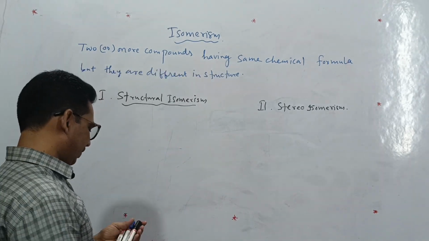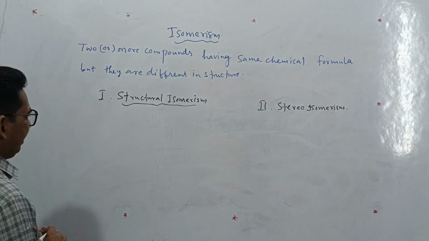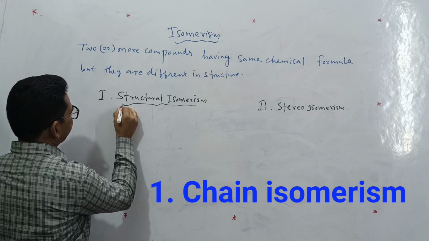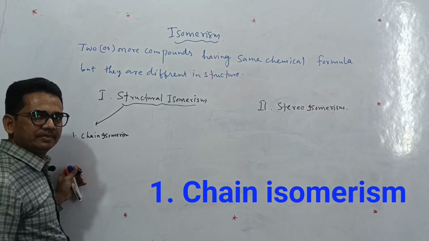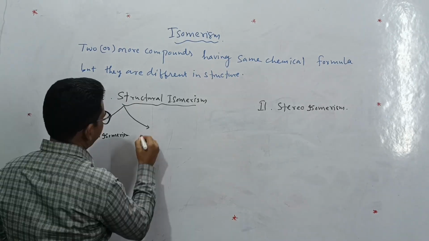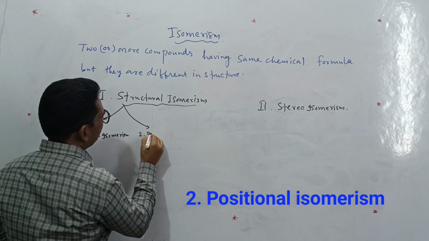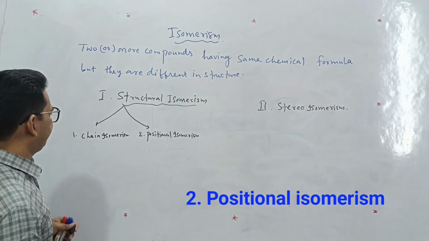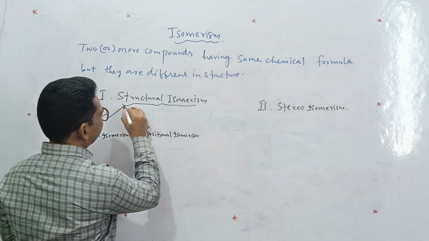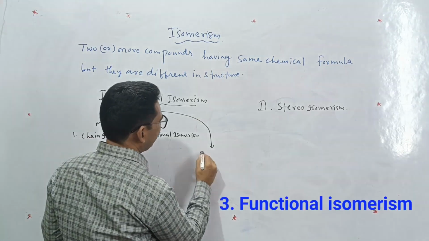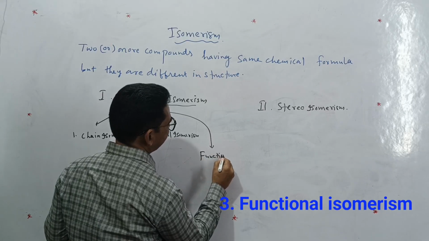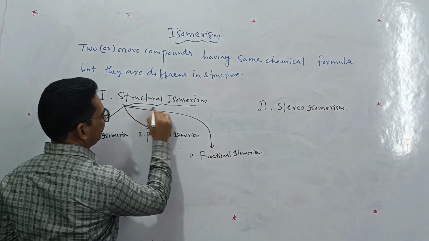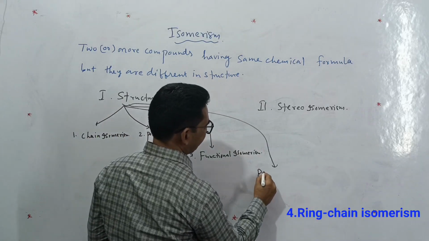Now we will go for the first one, structural isomerism. It is classified into 6 types. First, chain isomerism. Second, positional isomerism. Third, functional isomerism. Fourth, ring chain isomerism.